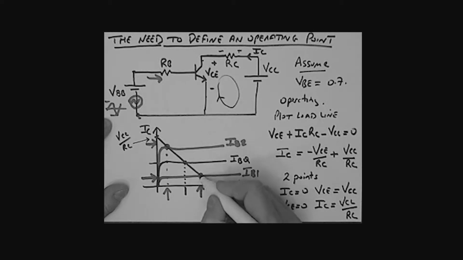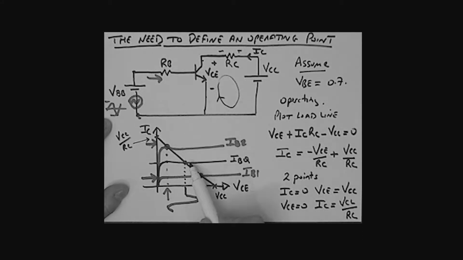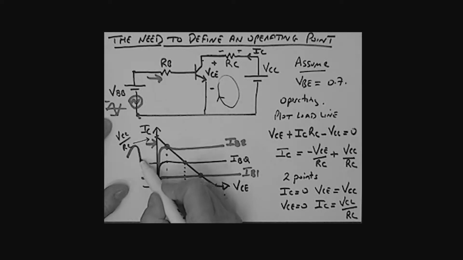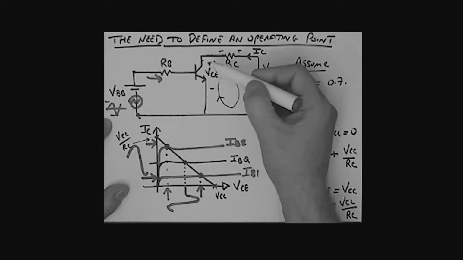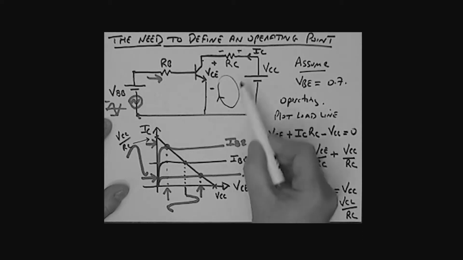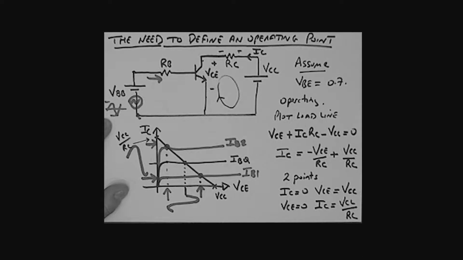If I look now at what's happening to the voltage VCE, I expect to see a variation in VCE around that operating point. And I also expect to see a variation in IC around that operating point. So as this little signal source is applied, what's it doing? It's causing a variation in VCE, like here, and a variation in IC, like I'm indicating over here.